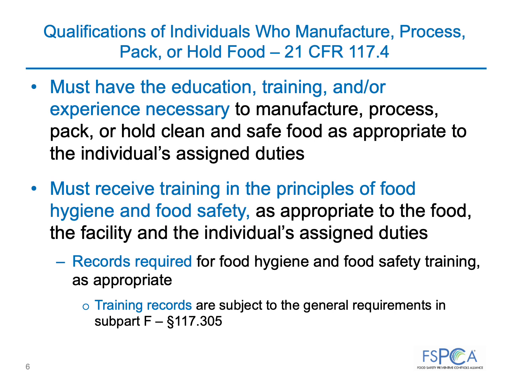Individuals must receive training in the principles of food hygiene and food safety, as appropriate to the food, the facility, and the individual's assigned duties. Records are required for food hygiene and food safety training. These training records are subject to the general requirements in Subpart F, Section 117.305.